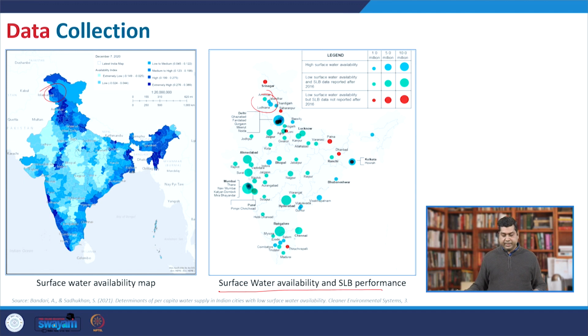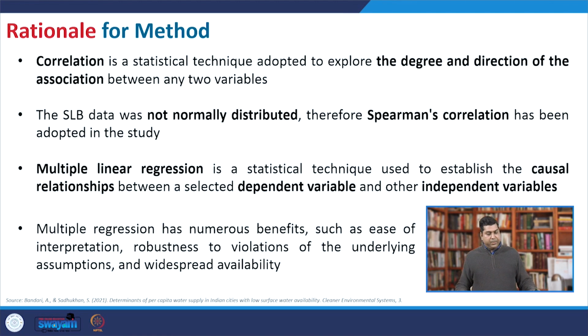So you have these areas with some sort of color coding. Now coming to the rationale for the method: correlation is a statistical technique adopted to explore the degree and direction of the association between two variables. So this is very important.